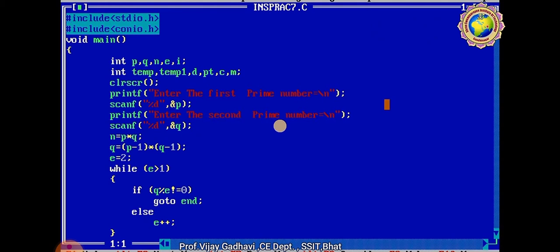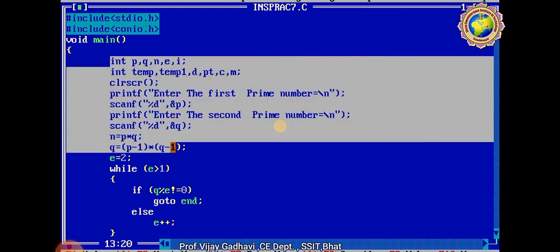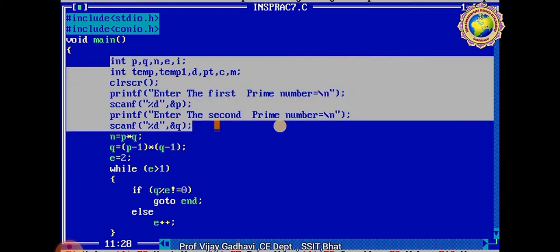Then this is the second data type for temp1, temp, d, pt, c and m for specifying the basic prime values of RSA. It is extremely difficult to find the value of d, because the triple bar here denotes modular congruence.